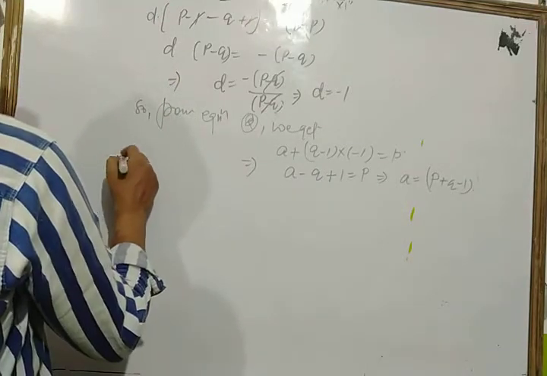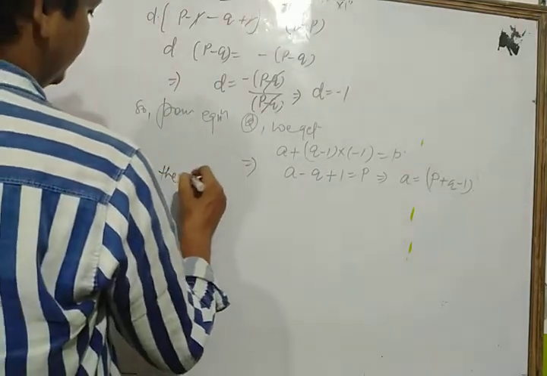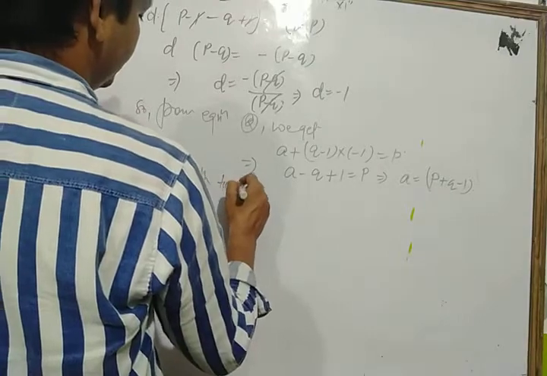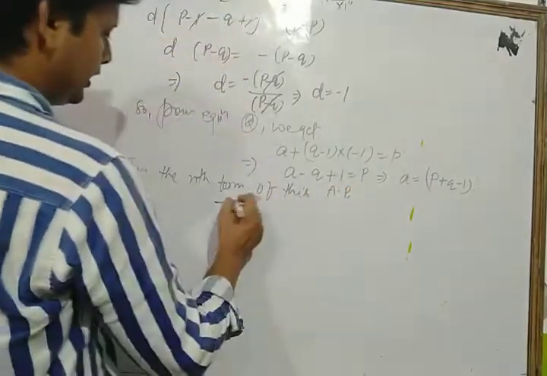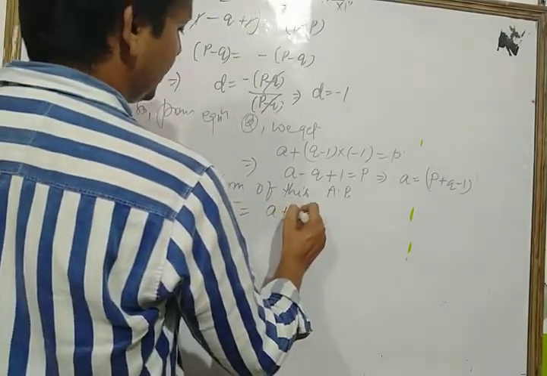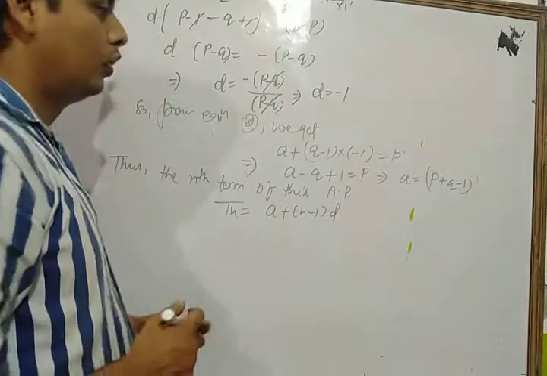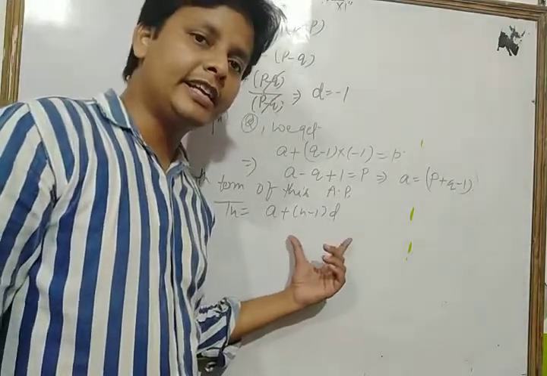Thus the nth term of this AP is Tn is equal to a plus (n minus 1) into d. Now we put the values of a and d in this equation.